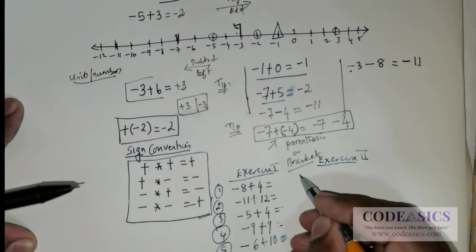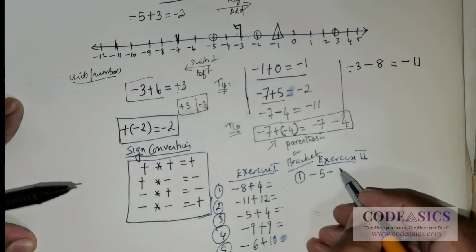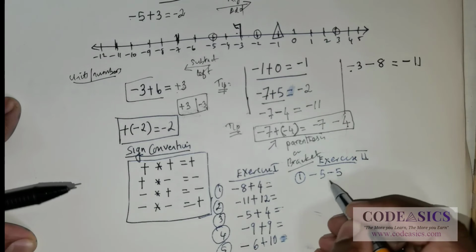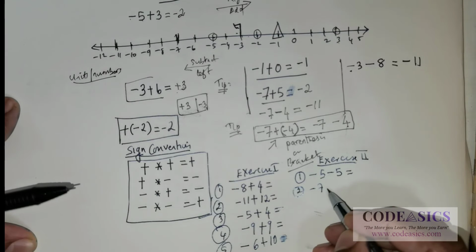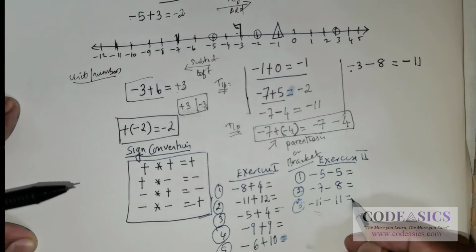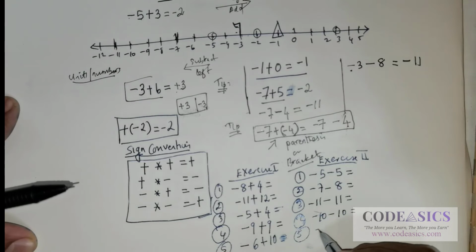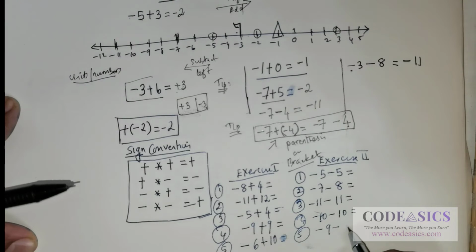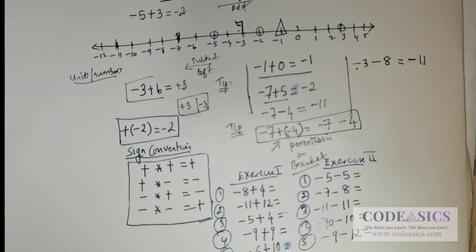For exercise 1 and 2, I want you to find out what happens when negative 5 is subtracted with negative 5, negative 7 subtracted with negative 8, negative 11 subtracted with negative 11, negative 10 subtracted with negative 10, and question 5, negative 9 subtracted with negative 12. So you can work out these questions and give the solution, students.